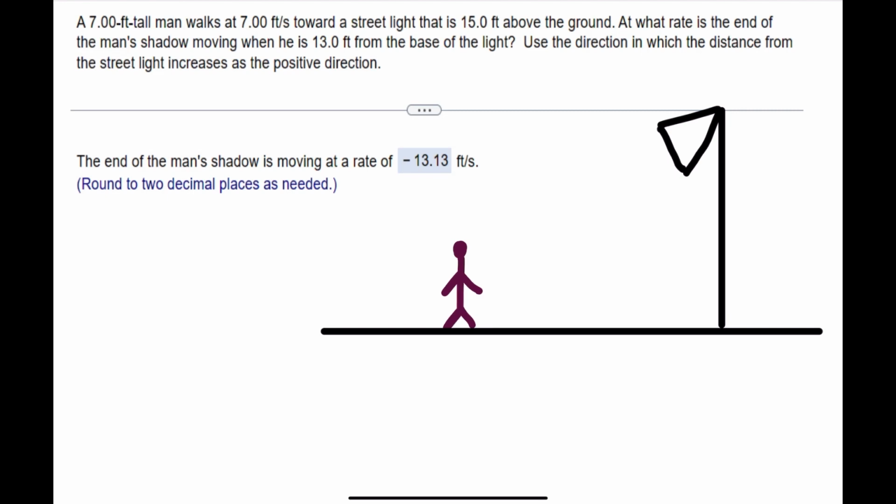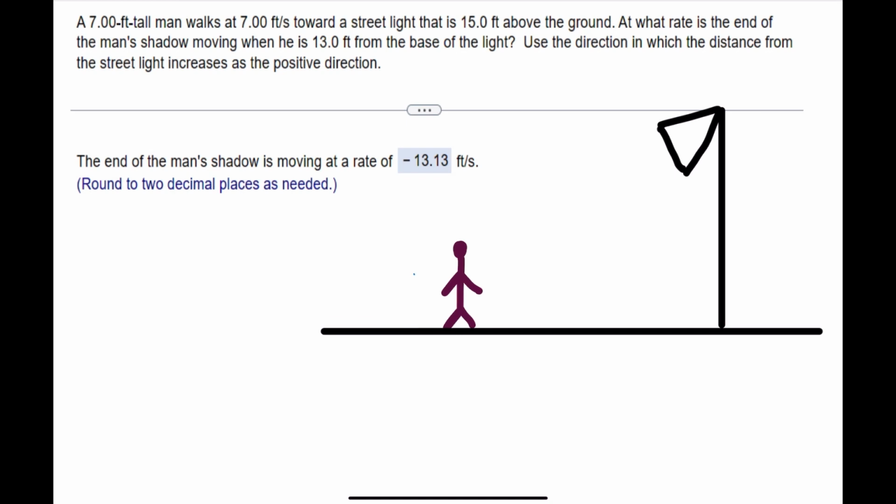So what I'm going to do is copy him, paste him here, and flip it. So that's going to be the shadow. Actually, he's not straight, but okay, that's going to be the shadow.